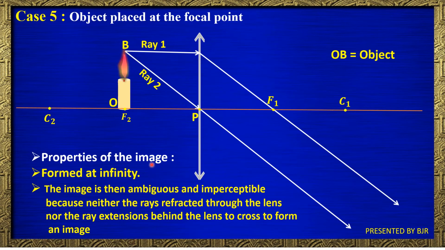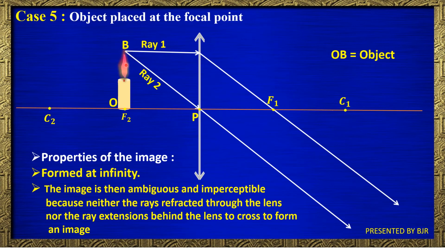See here, if you extend these two rays forward, they may meet at infinity. If you extend these two rays backwards this side, there is also a possibility that they may meet at infinity.